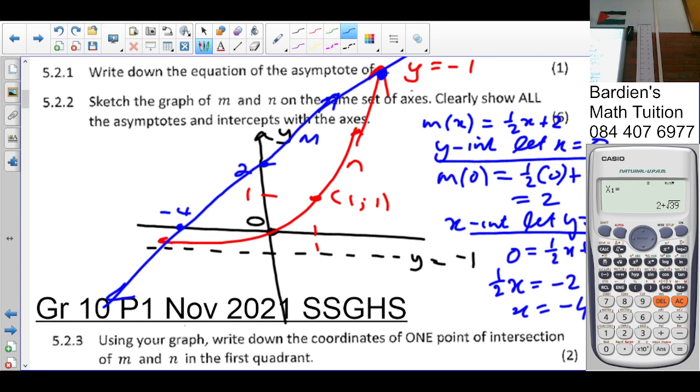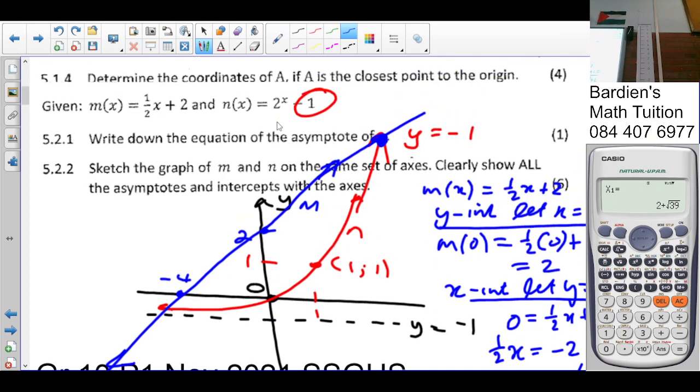So somewhere here it is going to intersect. Definitely not at 1. So we're just going to do it by a process of elimination and see. So let's check at 2. We must substitute 2 into here, and in the end, I get the same values, and that's the point of intersection.